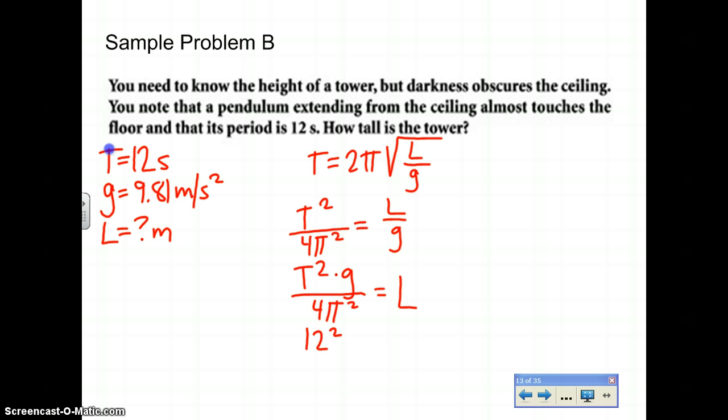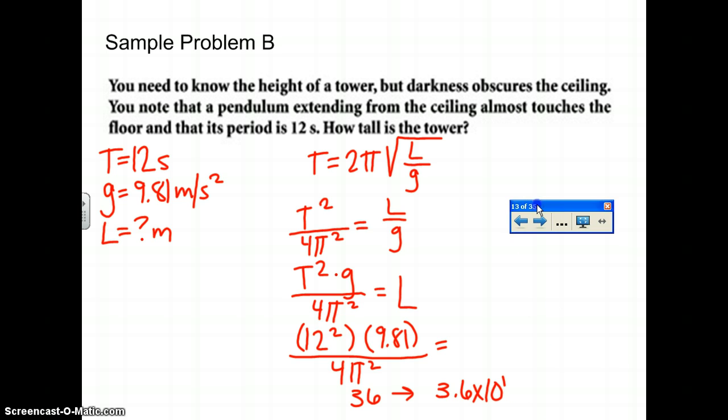You get 12 squared times 9.81 divided by 4 pi squared equals, put that in your calculator, you should see 36. You really only want two sig figs, so 3.6 times 10 to the first meters is your length.